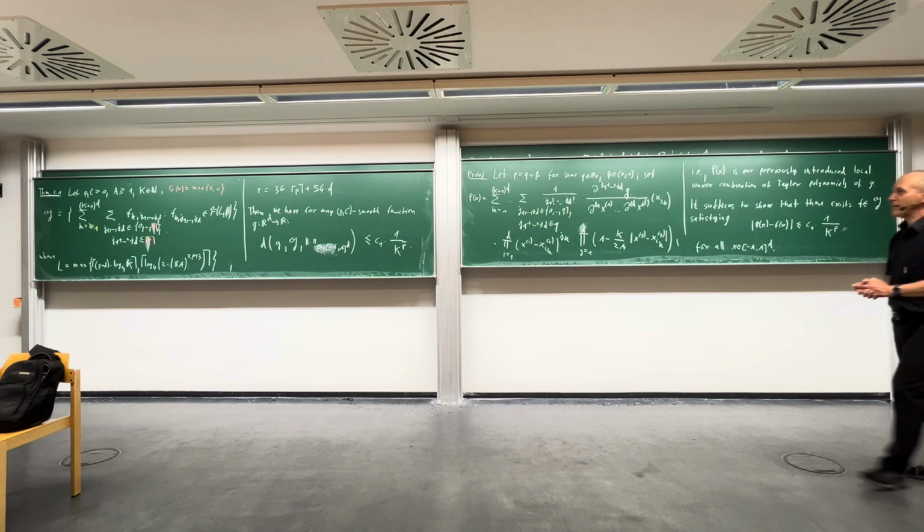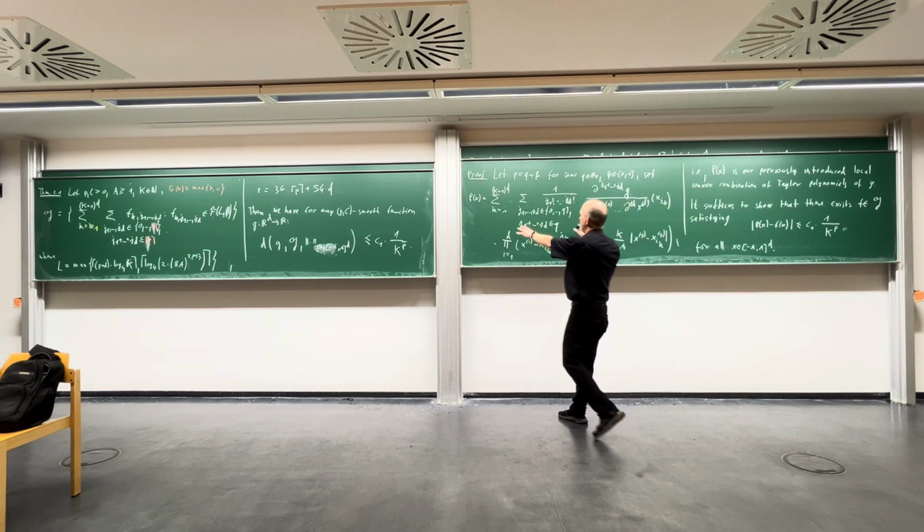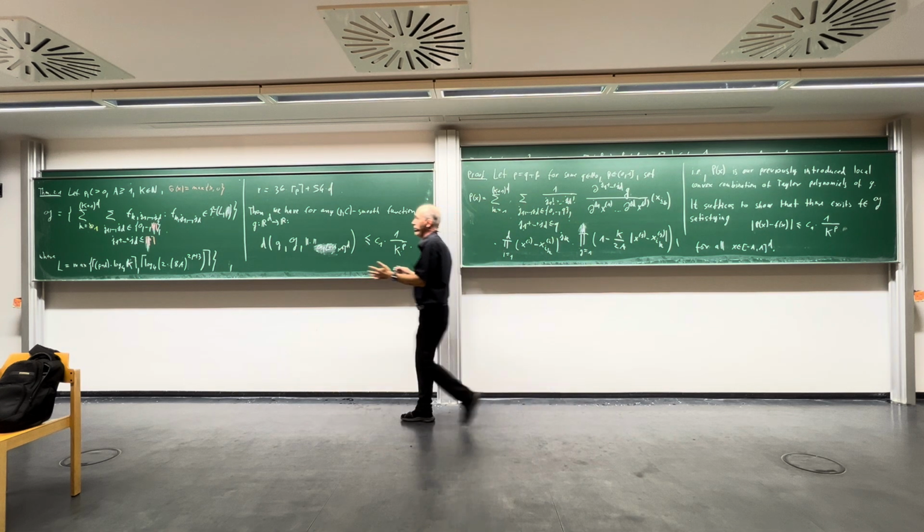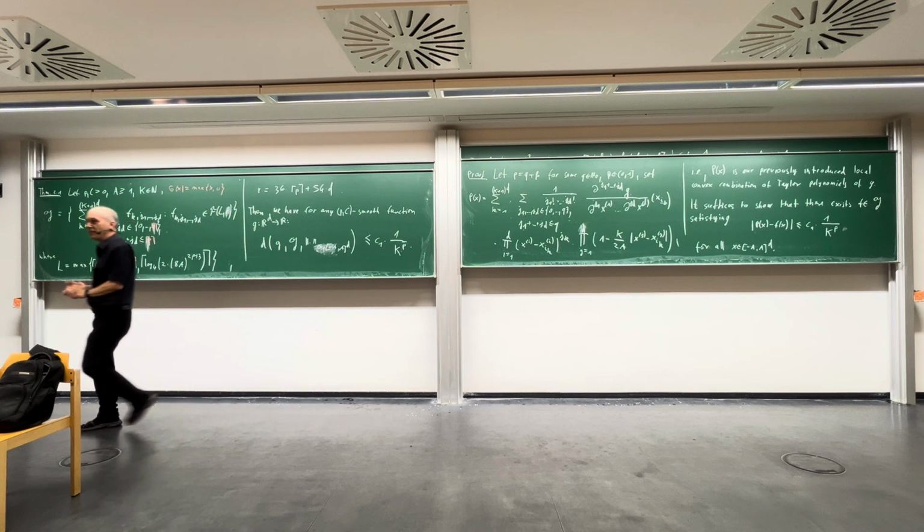Do you see any similarities between this local combination of Taylor polynomials and the function in my function space?